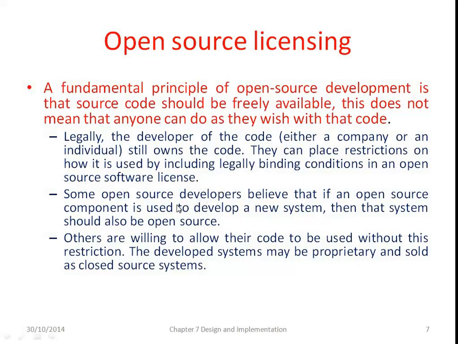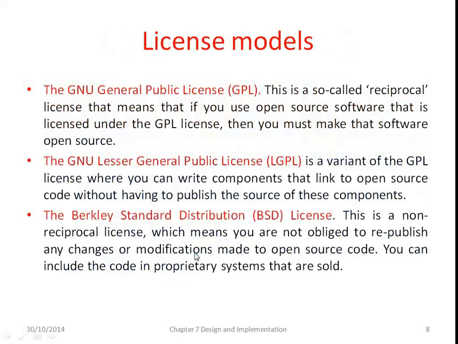Some open source developers believe that if an open source component is used to develop a new software system, then the system should also be open source. Others are willing to allow their code to be used without this restriction; the developed system may be proprietary and sold as a closed system.